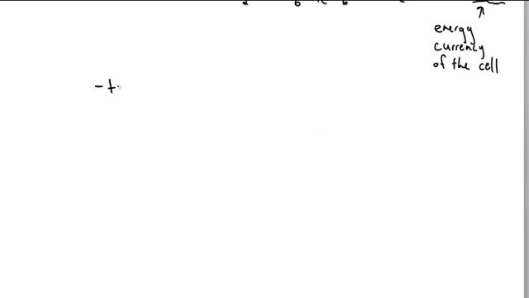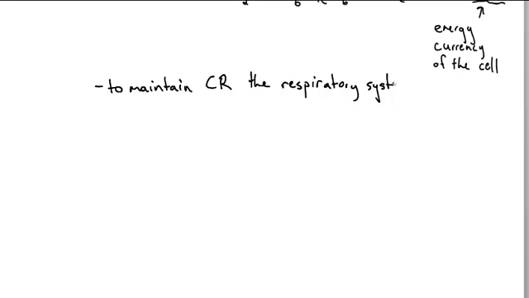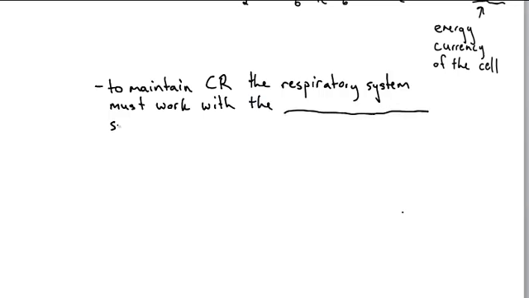Now, to maintain cellular respiration, or just CR, the respiratory system must work with the blank system to perform 3 key functions.